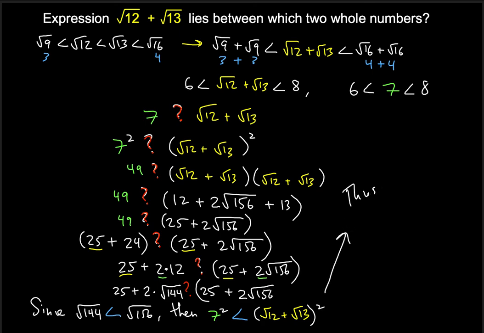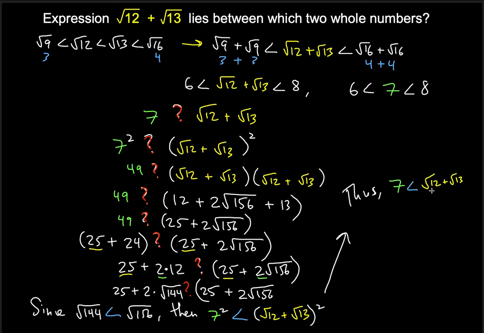Thus, taking the square root of both sides of this inequality gives you 7 is less than radical 12 plus radical 13. Now, what does that tell you? What does that tell you?